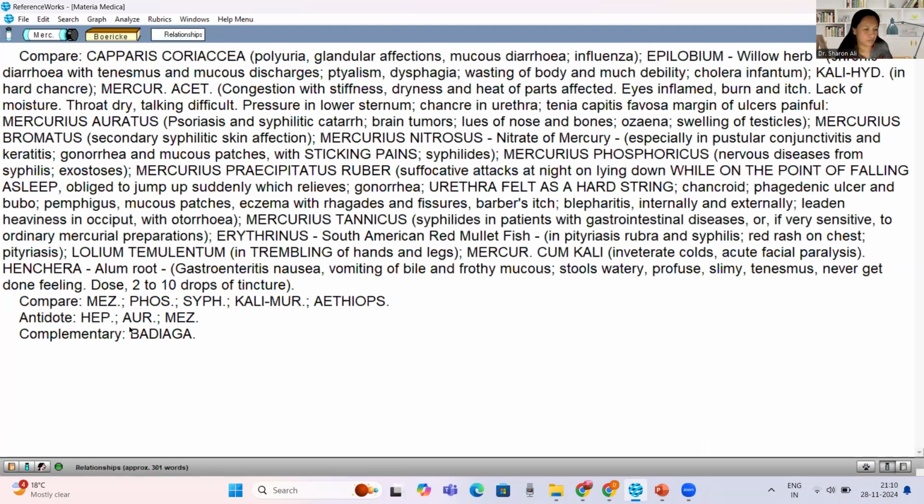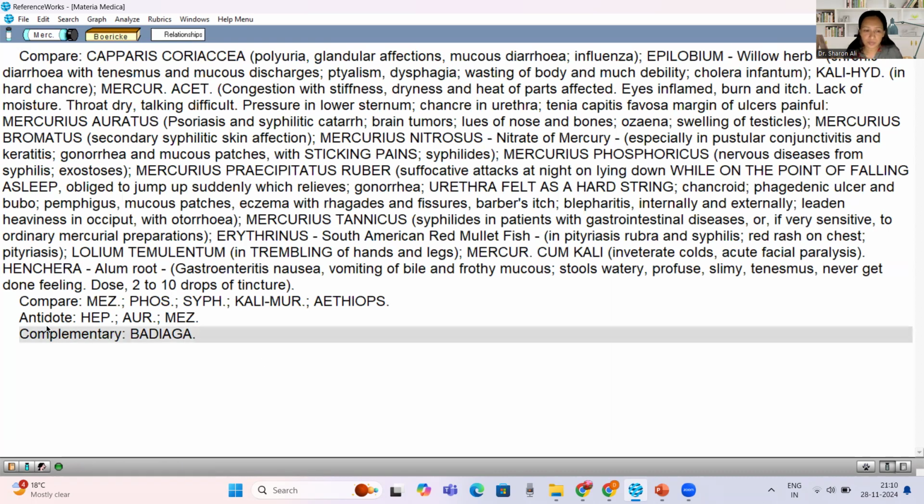Can you see over here? Badiaga. It is a remedy which is complementary to Merc, in fact the only remedy complementary to Merc. That is how syphilitic this remedy is. And it is very, very good in destructive cases where there are more syphilitic states in the patient compared to the regular ones.